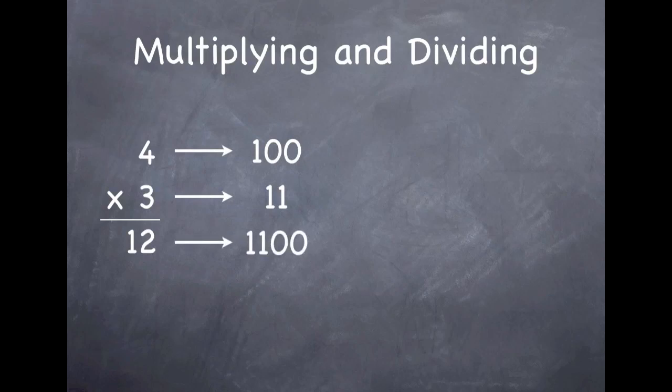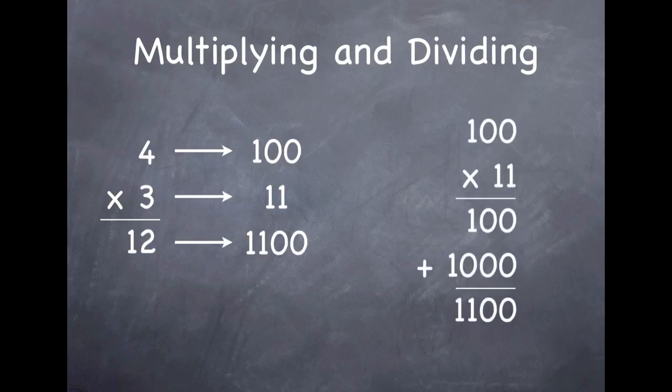And you can probably guess just by looking that this does work. 100 times 11 is just like 4 times 3. It's the same process as you do in decimal, so that's why this is probably easier than adding and subtracting. You get the same answer. It's the same process.